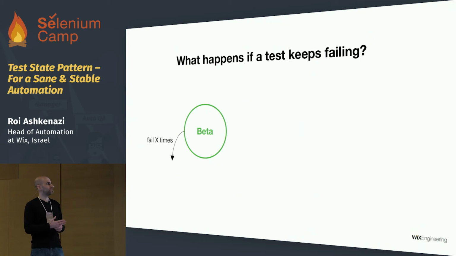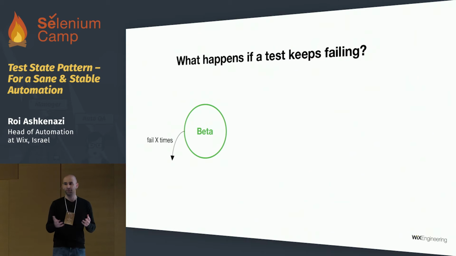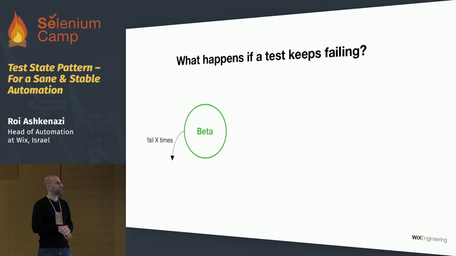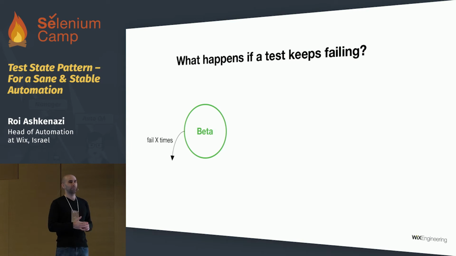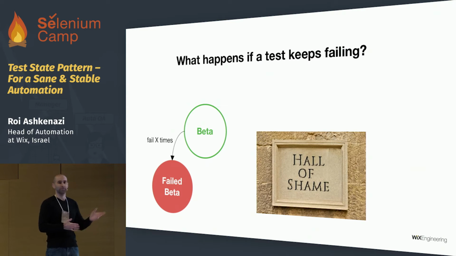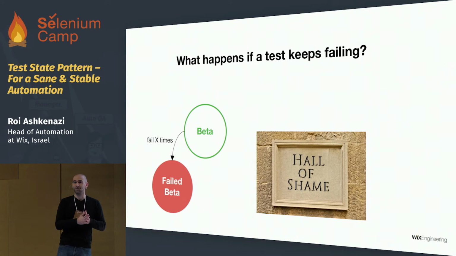But not always is this the case, and sometimes we have a beta test which is not good, and it fails over and over for, I don't know, a week, always failing. In this case, we want to do something else, and we call it failed beta, which is, of course, the hall of shame, where all the bad tests go.